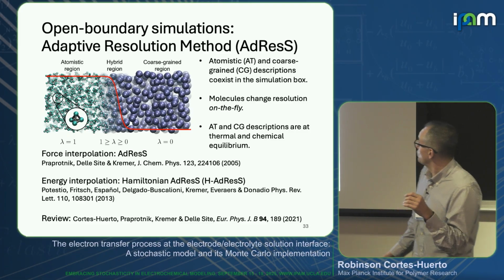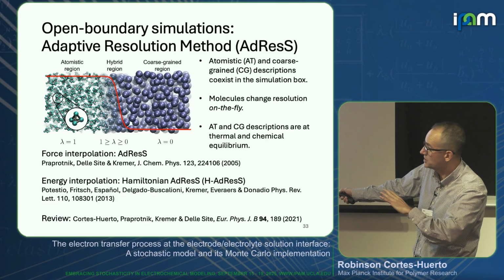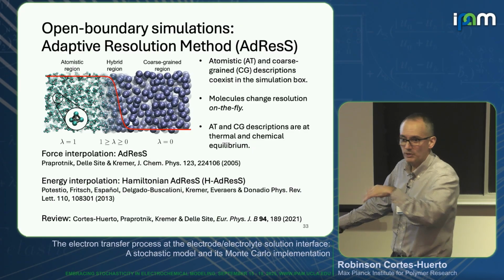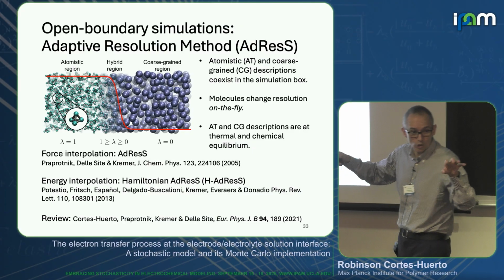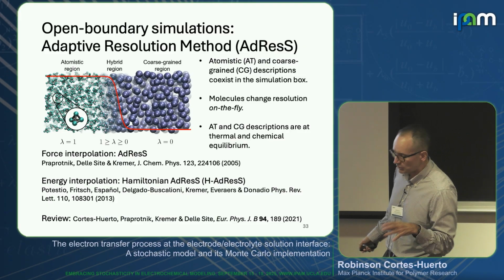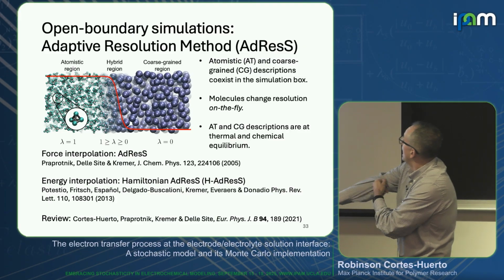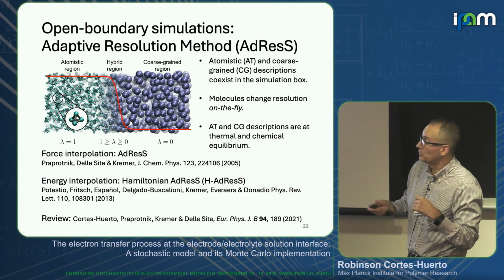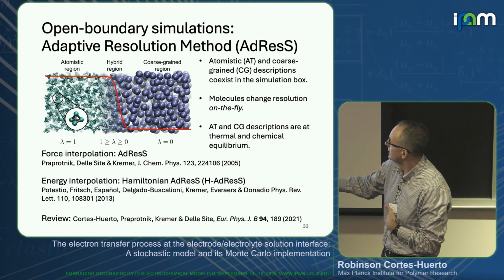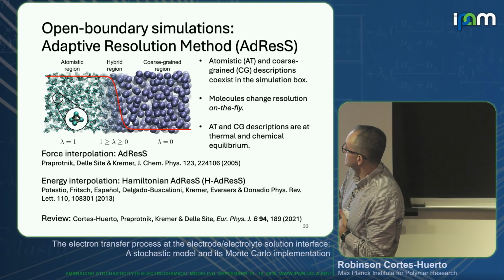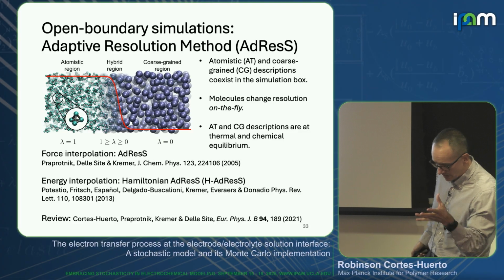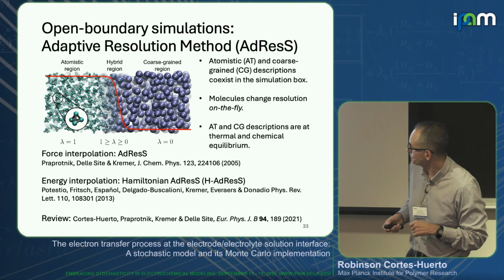So what we want is that the molecules change resolution on the fly. When one molecule moves into this part of the simulation box, it becomes coarse-grained. And we also want the atomistic and coarse-grained descriptions to be at thermal and chemical equilibrium with each other. Everything is modulated by this switching field lambda, which takes the value 1 in the atomistic region, 0 in the coarse-grained region, and something in between in the hybrid region.